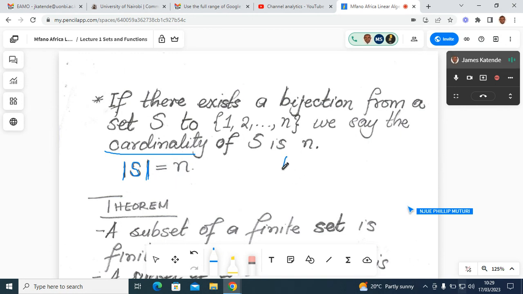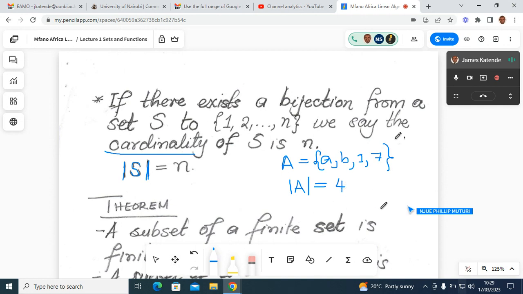For instance, if our set A has only these elements, let's say a, b, 1, and 7, then it has exactly 4 elements. So we write the cardinality of A is equal to 4. It has exactly 4 elements.